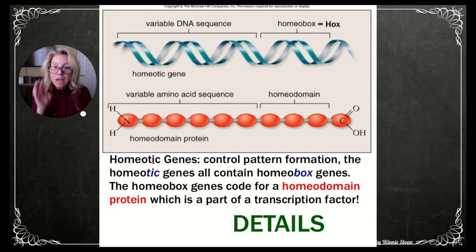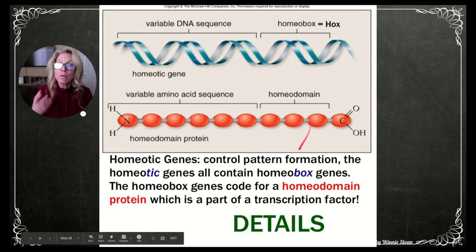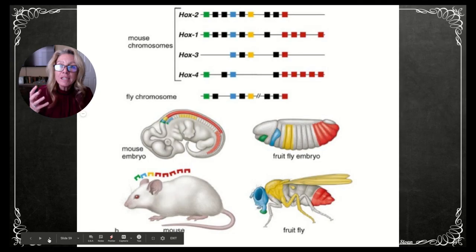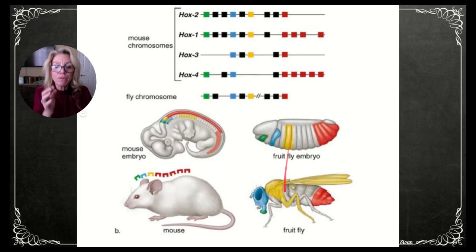So homeotic genes control for pattern formation. The homeotic genes all contain a homeobox gene, and for short you call it a Hox gene, okay, which will then code for this homeodomain protein, which is part of a transcription factor. So these Hox genes are coding for those transcription factors. So this you can see highly conserved. It doesn't matter if you're looking at a fruit fly, okay, or a mouse.